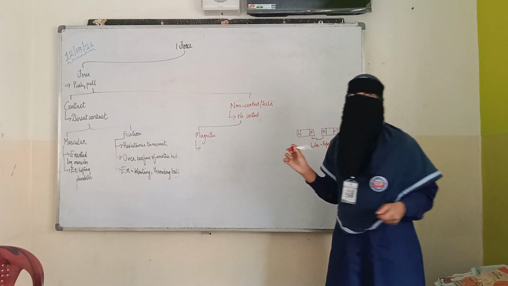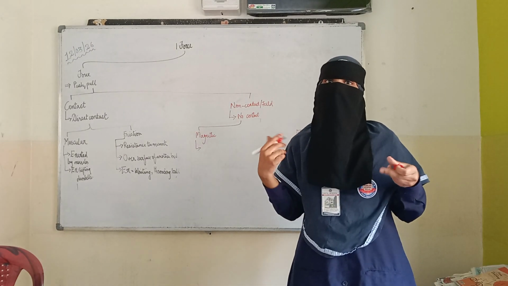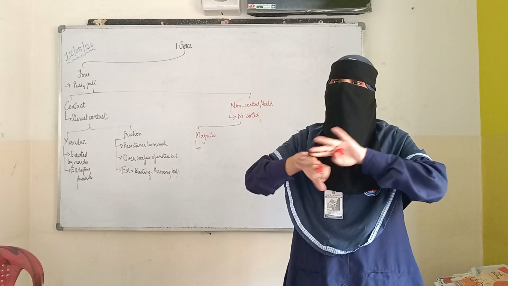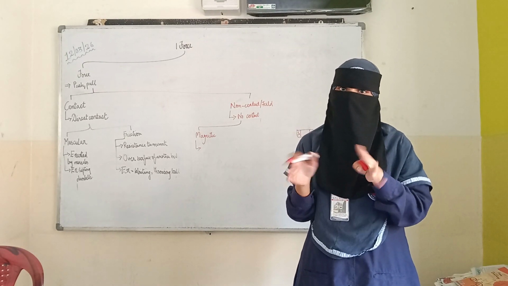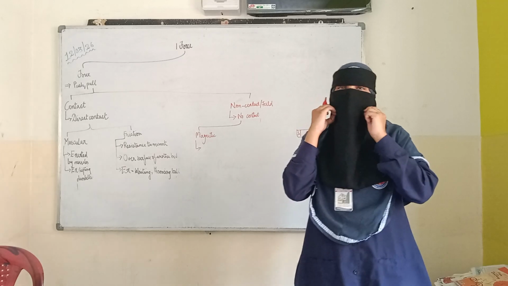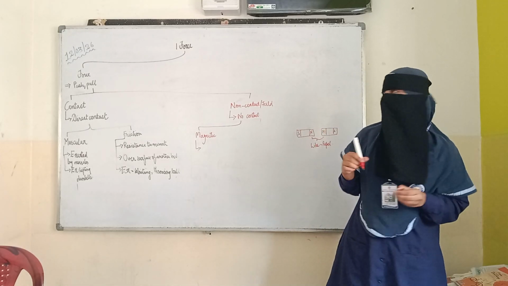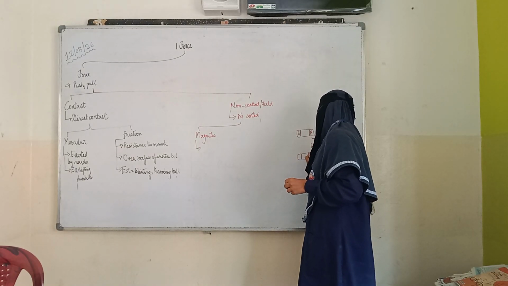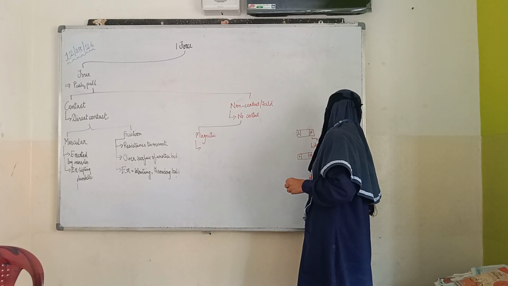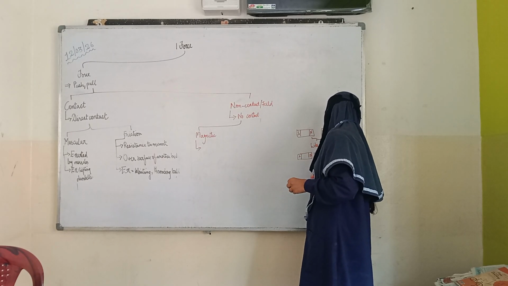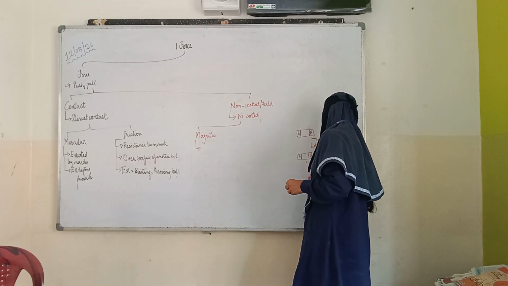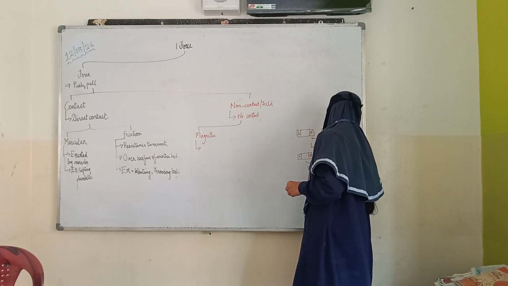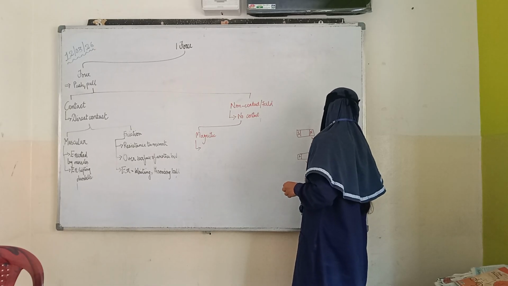What does repel mean? What happens when the two magnets repel? They go far away. They don't attract. While when they are unlike, they are said to be attracting each other.